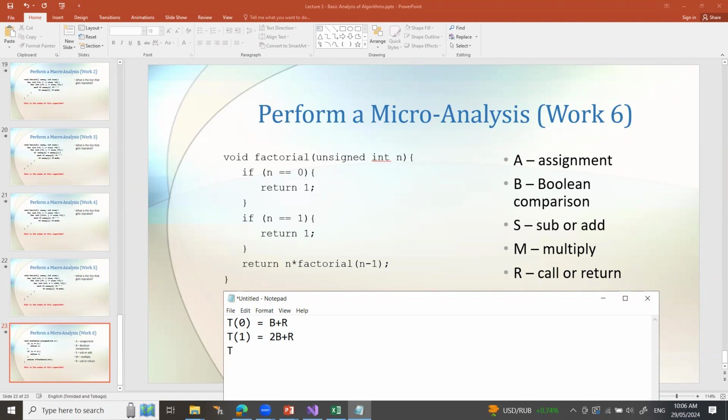So what about T of n, where n is greater than 1, obviously? Okay, let's do 2, make life easy.